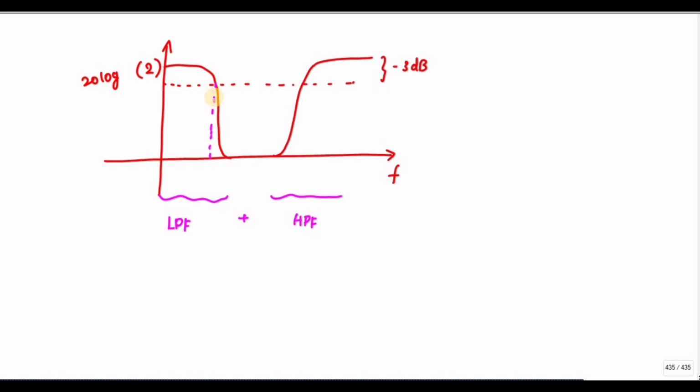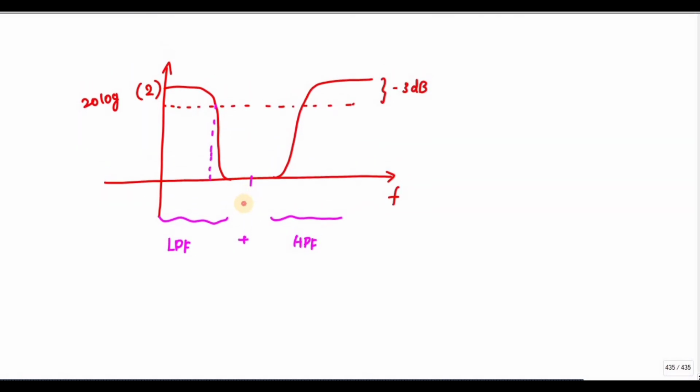From here I can calculate. This is a low pass filter, and this is your high pass filter. This is the central frequency. Since it is a low pass filter, this is FH, and this is FL.